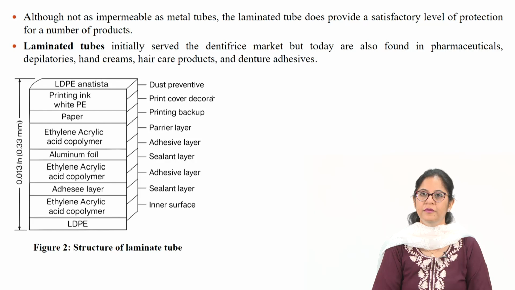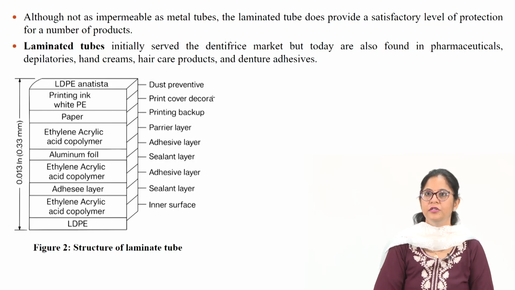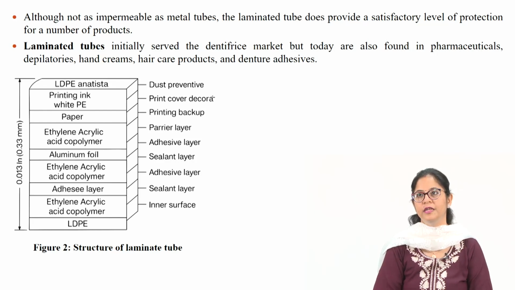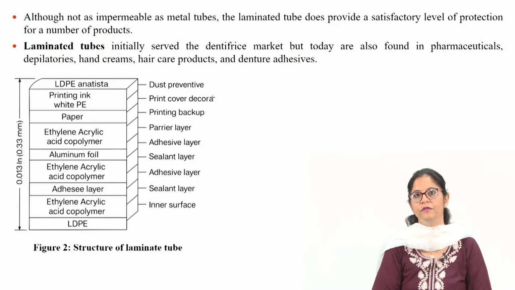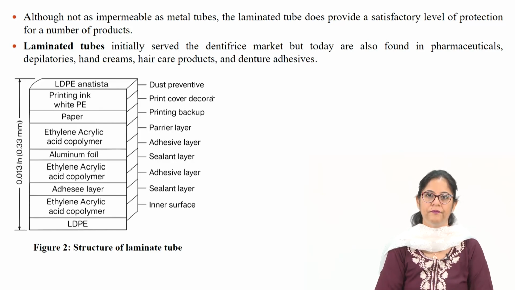Although not as impermeable as metal tubes, the laminated tube does provide a satisfactory level of protection for a number of products. The laminated tubes initially served the dentifrice market, but today are also used in pharmaceuticals, creams, hair care products and denture adhesives.